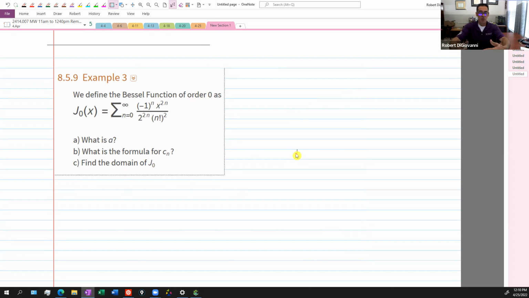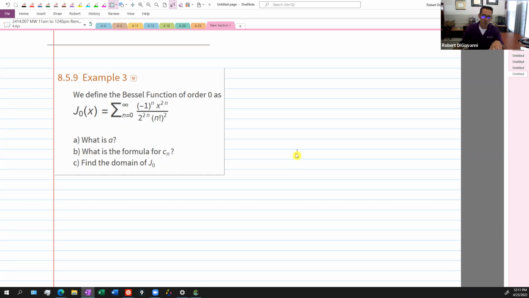Like a band, you play the guitar and the singer and the drummer, right? Take a drum and you hit it. What does the vibration of that membrane on the drum look like? When you hit it, what does it look like? That motion of that drum surface can be modeled with the Bessel function.